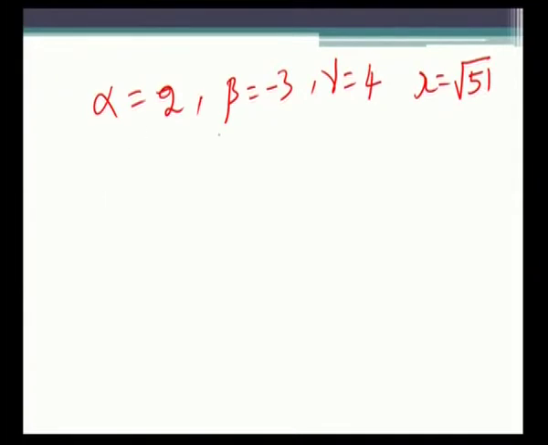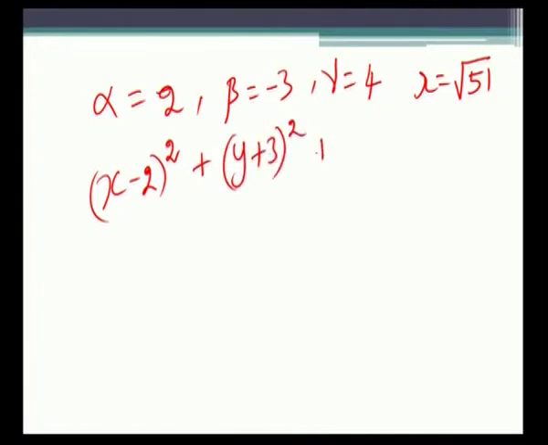Substituting these values in the equation, we get the equation of the sphere as (x minus 2) the whole square plus (y plus 3) the whole square plus (z minus 4) the whole square is equal to 51.